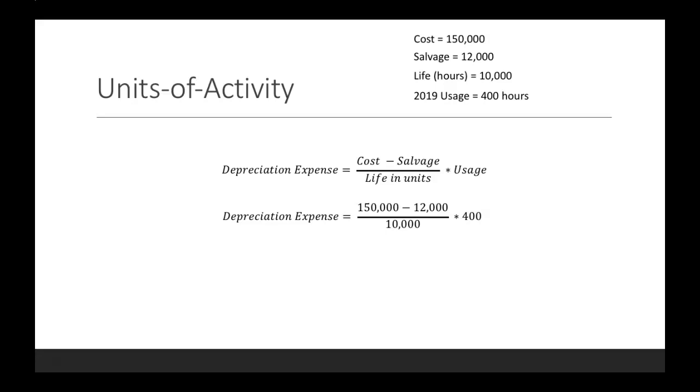Then you multiply that by how many hours you used it for. We were told that we used this machine for 400 hours in 2019. So we take $13.80 times that 400, and we find a depreciation expense of $5,520.